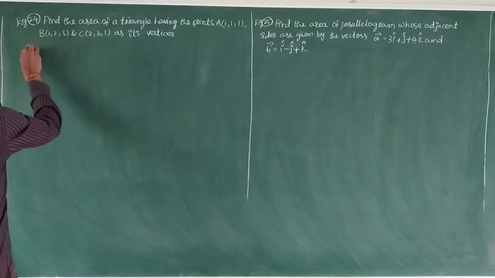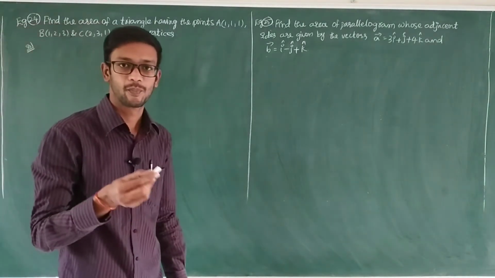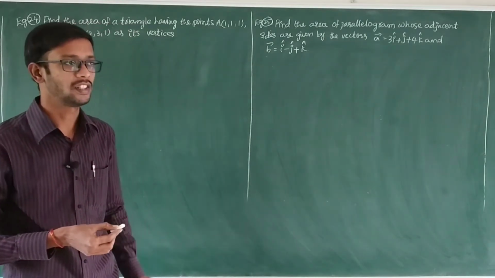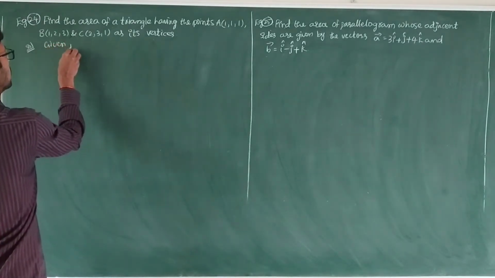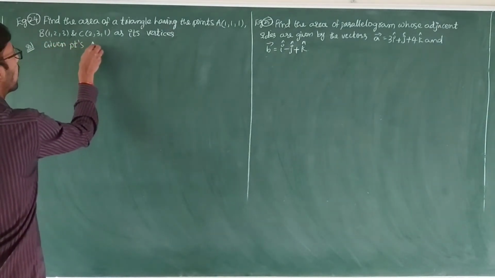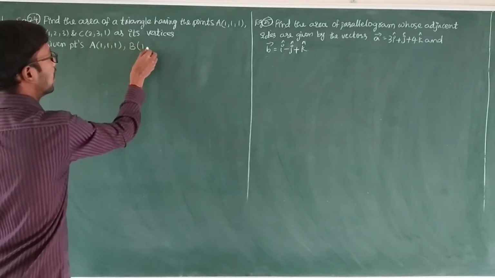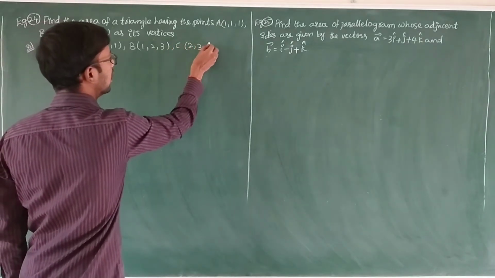We already know the area of triangle and area of parallelogram. So first I will write what is given. Given points A(1, 1, 1), B(1, 2, 3), C(2, 3, 1).